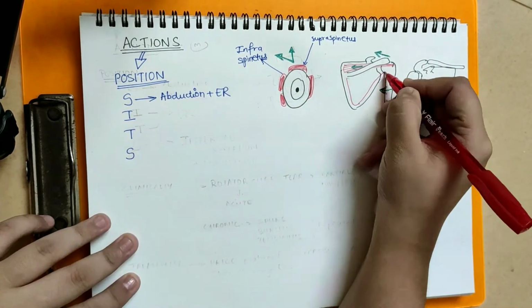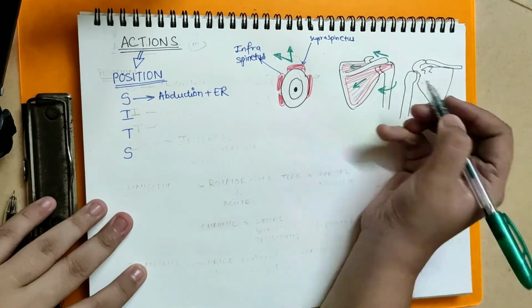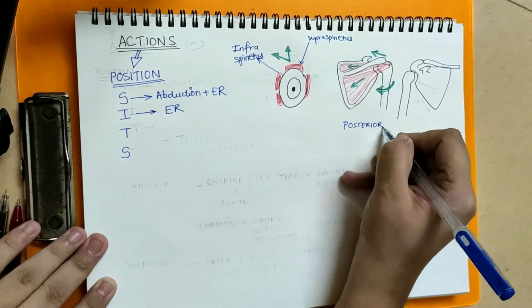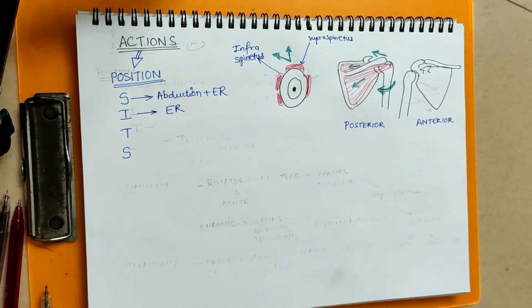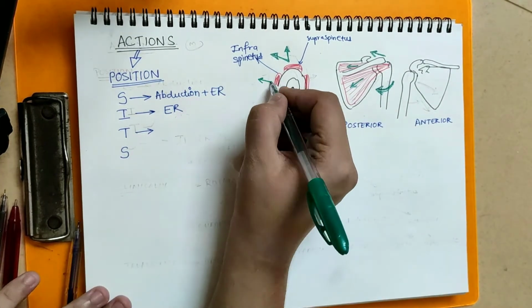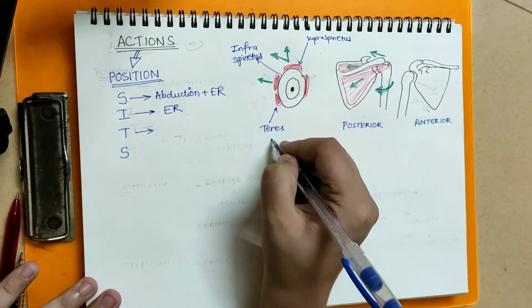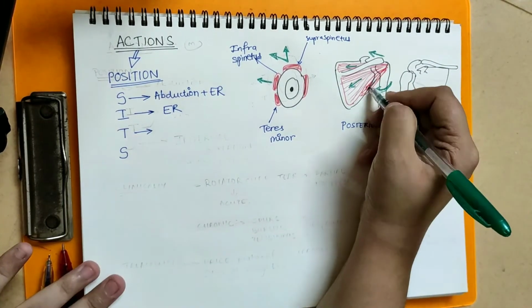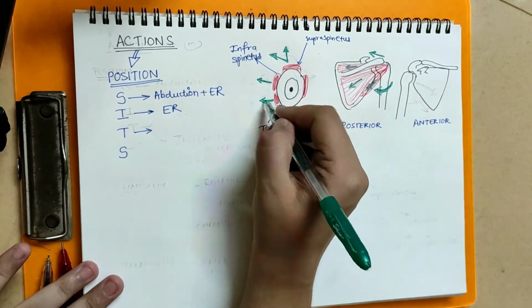The infraspinatus attaches in a way that when it contracts, it will further cause external rotation. The teres minor muscle attaches to the greater tubercle as well, thus leading to the external rotation of the humerus.